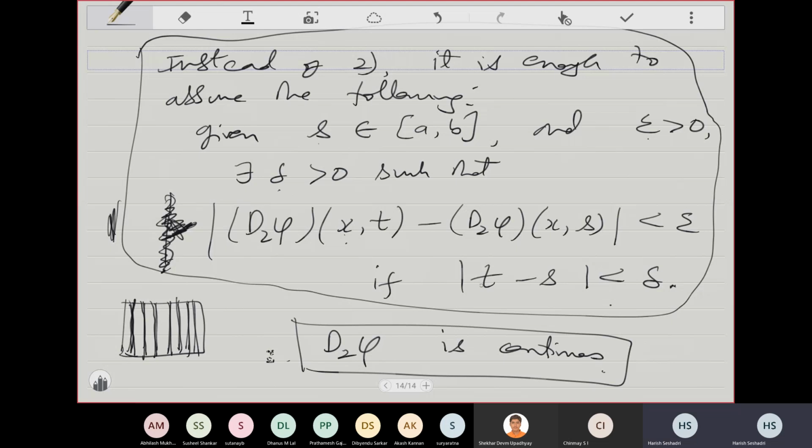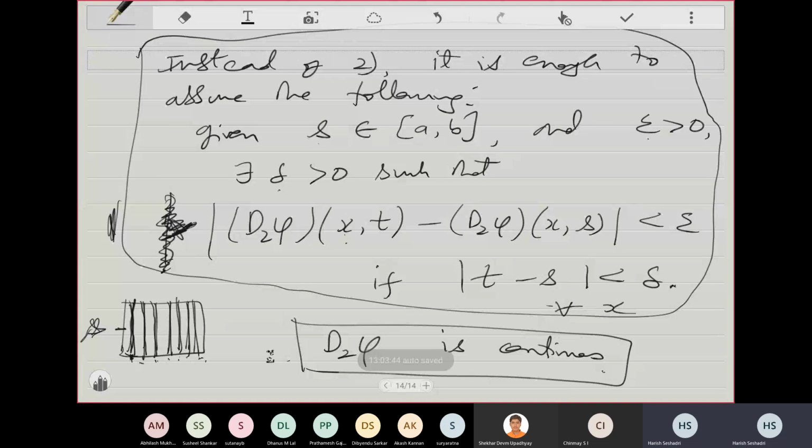Oh, by the way, here I should have said this is for all X. So this should hold for all X. So the same delta should work as long as this S variable is fixed, along all the vertical lines.